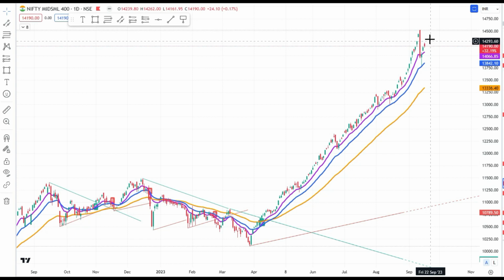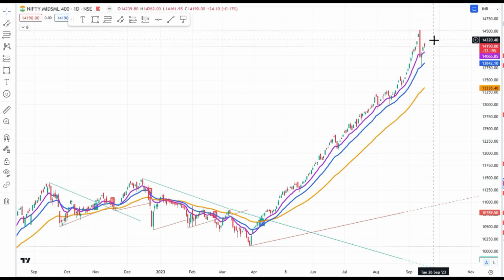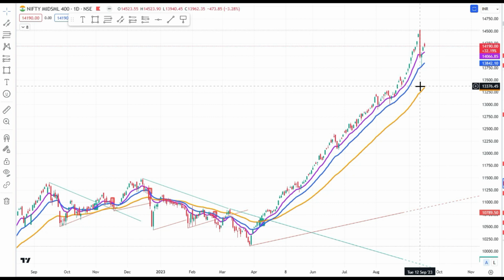Now, this pullback is a pullback on a fall. So it will touch something here if you draw the lines upside down. So this pullback is time to sell. So mid caps and small caps in our indexes may be bound for a fall, at least to this level, 13,300.